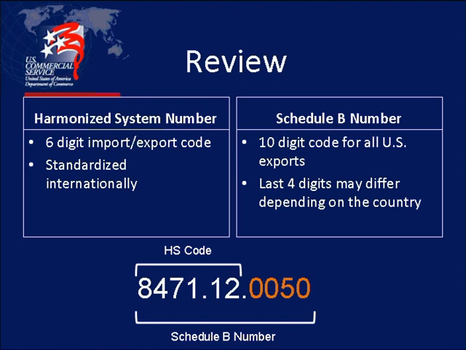847112 is the same thing in the United States, and it's the same thing in 100+ other countries. The Schedule B number, on the other hand, is the 10-digit code for all U.S. exports, and the last 4 digits can vary by country. And usually it's acceptable to put all 10 digits down that are the U.S. Schedule B on the shipping documents, some of which we reviewed earlier in the webinar. And if you have the last 4 digits for the specific country that they're going to, and remember, you will be able to get those from the database that we looked at first.